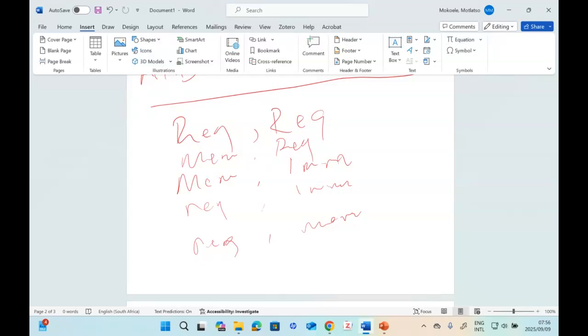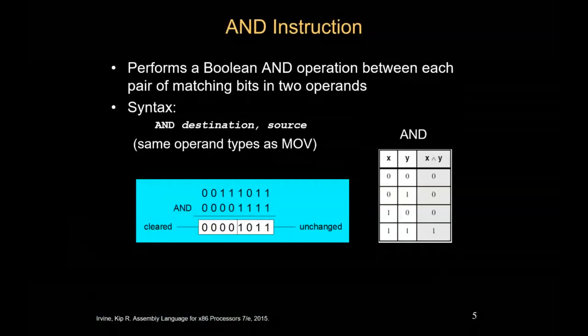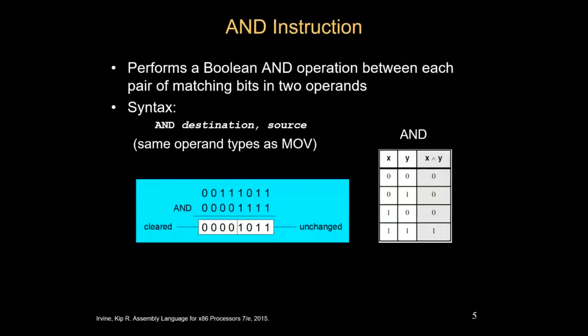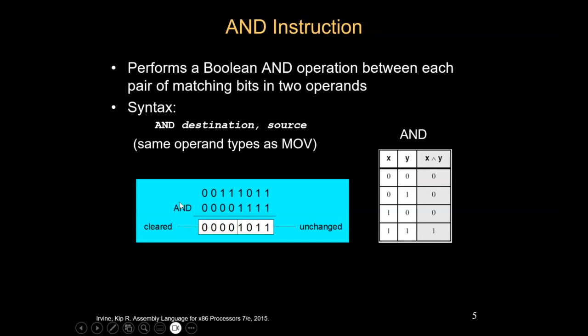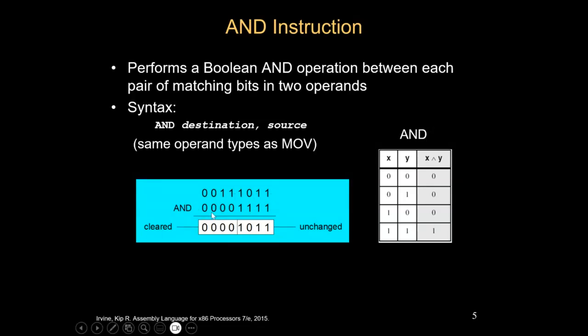So you can even see from here when you say AND, if you have an 8-bit number 00111111, and also 11110111, and 11111011, and 00001111.